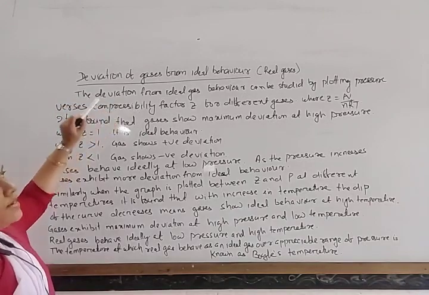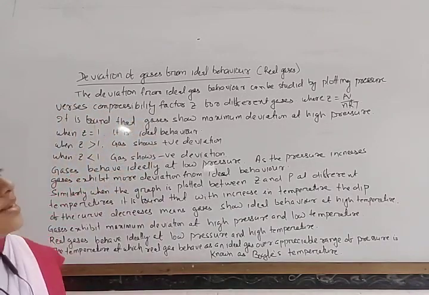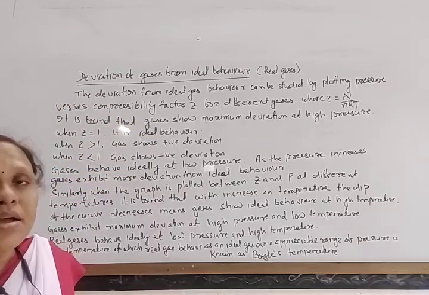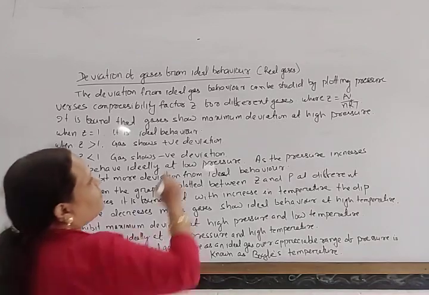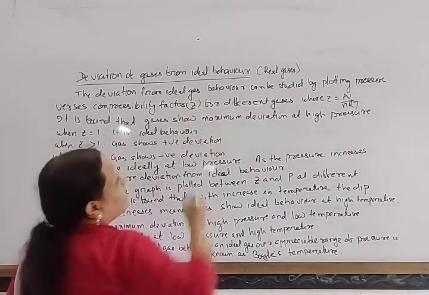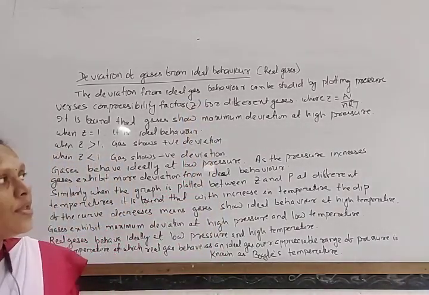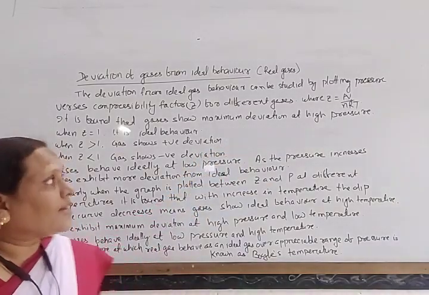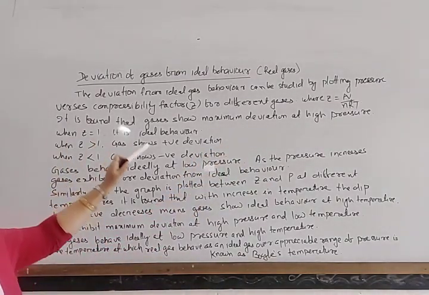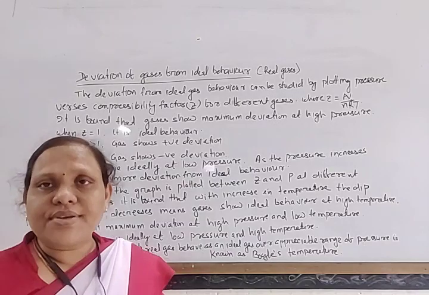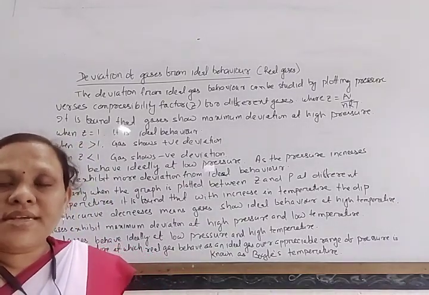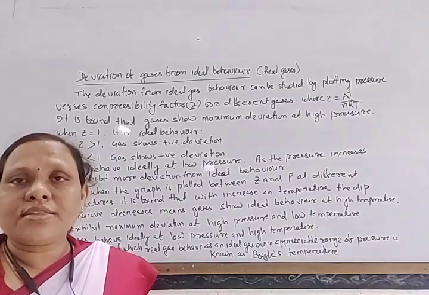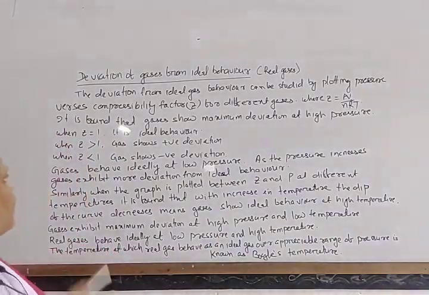Deviation of gases from ideal behavior. Deviation from ideal behavior can be studied by plotting pressure versus compressibility factor Z for different gases, where Z is equal to PV by nRT. Gases show maximum deviation at high pressure. As the pressure increases, they exhibit either positive or negative deviation.